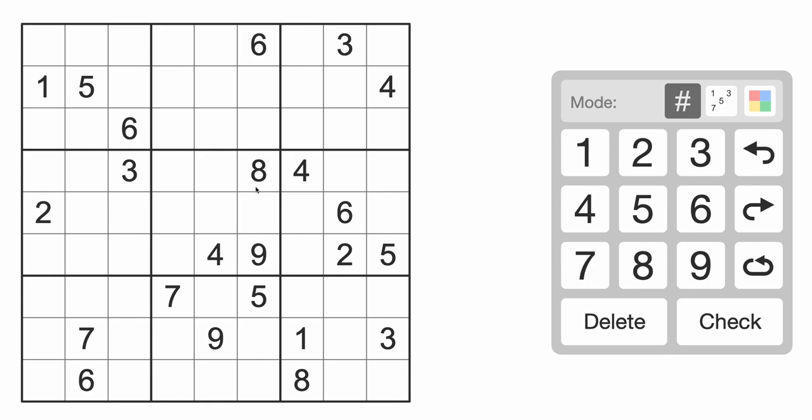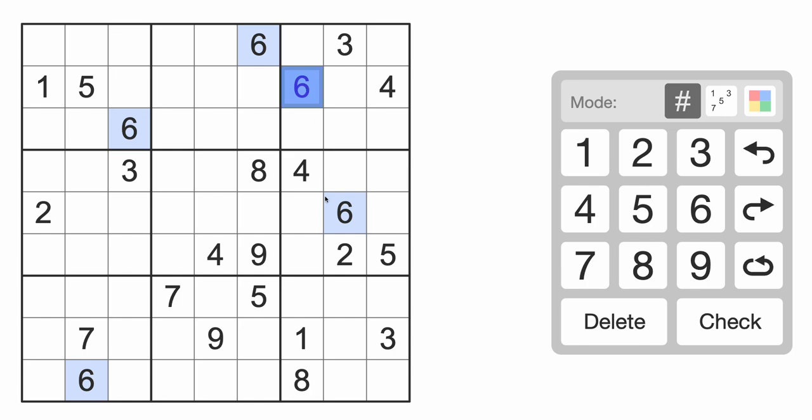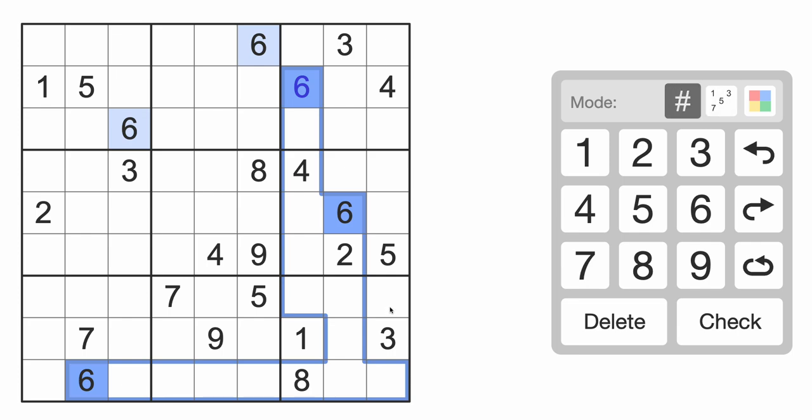Okay, first thing first, I will start by placing some singles. Actually, I can place all the sixes at the beginning. These sixes block these in box 3, gives me 6 here. That gives me 6 in box 9 because these sixes block like this.